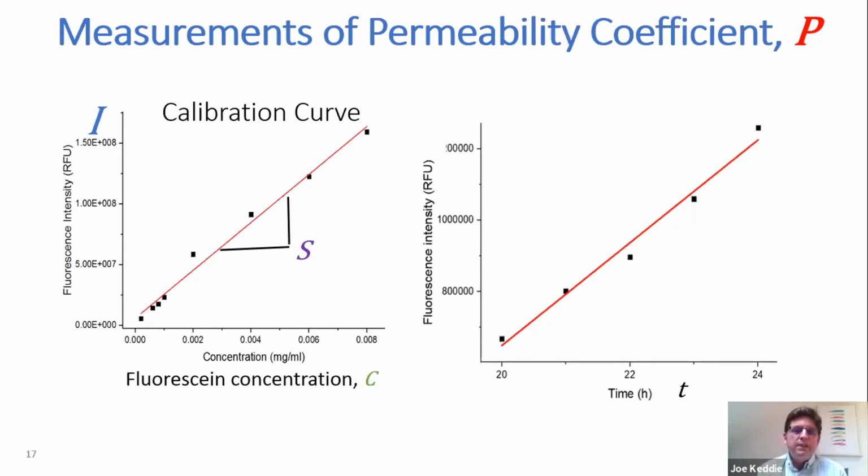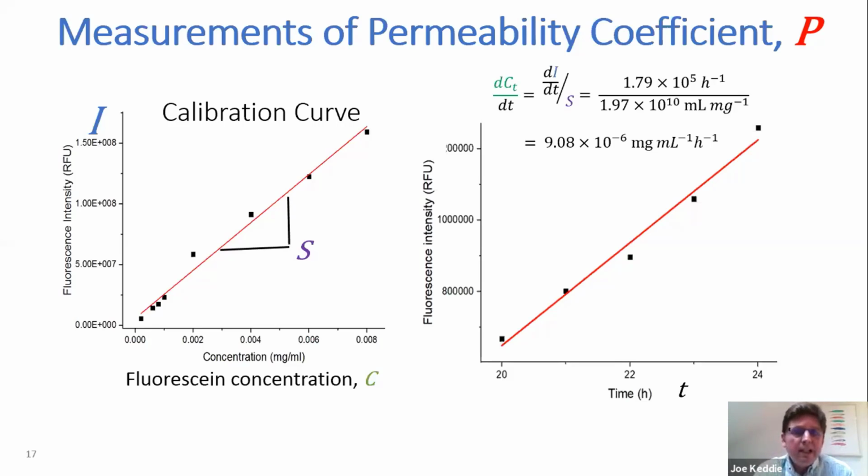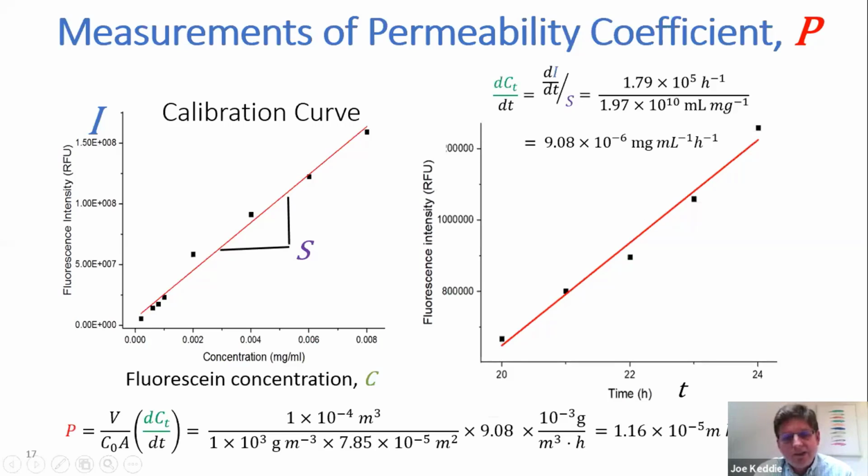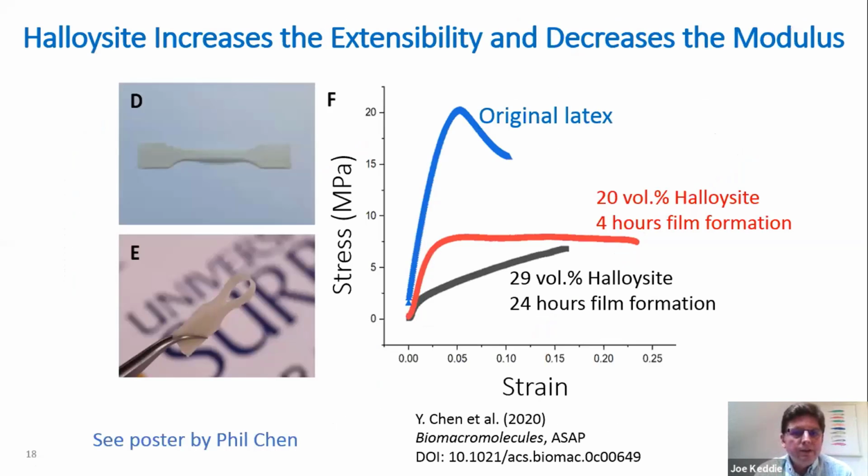So that means we're getting this permeability at a constant rate, and we can look at this gradient of how the intensity varies with time, divided by the calibration curve, and from that we can calculate how the concentration of the diffusing dye changes with time. And if we consider the volume and cross-section, in the end we can end up with a permeability coefficient. So I'll tell you more about that in a second.